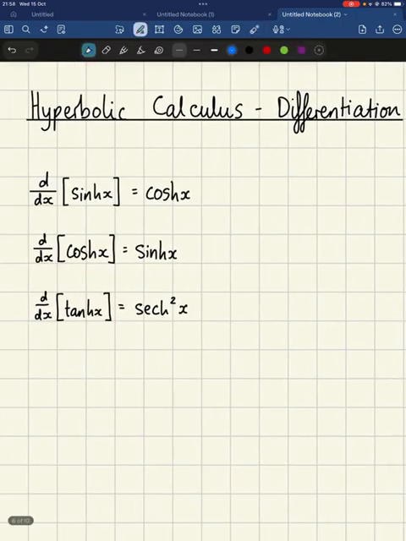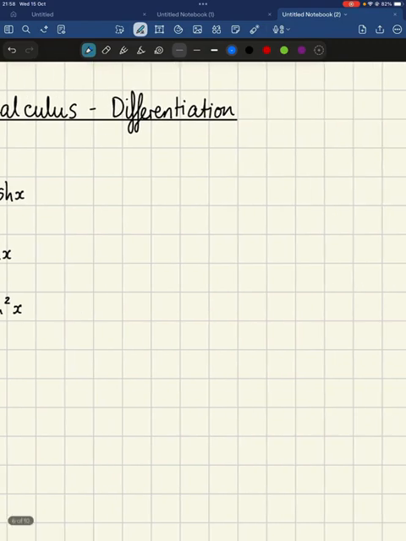If we want to differentiate sinh of x, well, we know sinh of x is a half into e to the x minus e to the minus x. So we want to differentiate a half e to the x minus e to the minus x. As a half is a constant, we can bring it out.